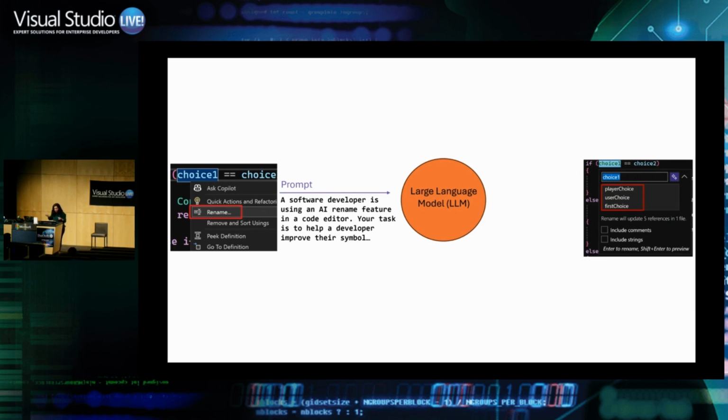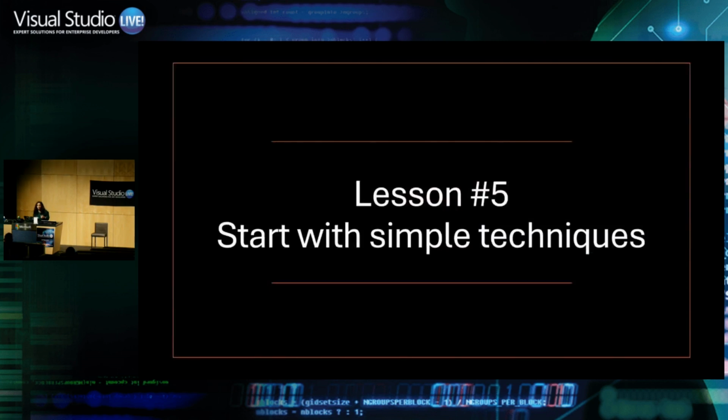Your task is to help a developer improve their symbol, ... I'll tell you more about the prompt later, but I need to tell the model what it needs to do. And then the model, as a result, will return me a response based on my request. And in this case, it's returning a JSON object that contains the 3 names that I wanted based on my request. How do you do this?